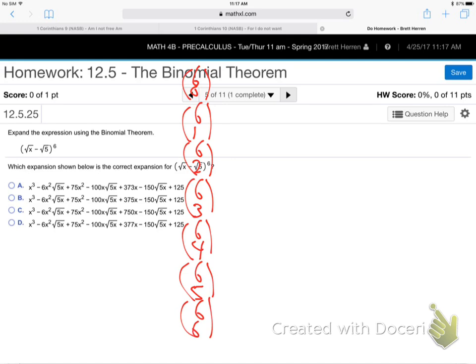Like that. And then the two things we're talking about would be square root of x, and careful, negative root 5, right? You do need that negative sign on the root 5 with parentheses to various powers. That's important.